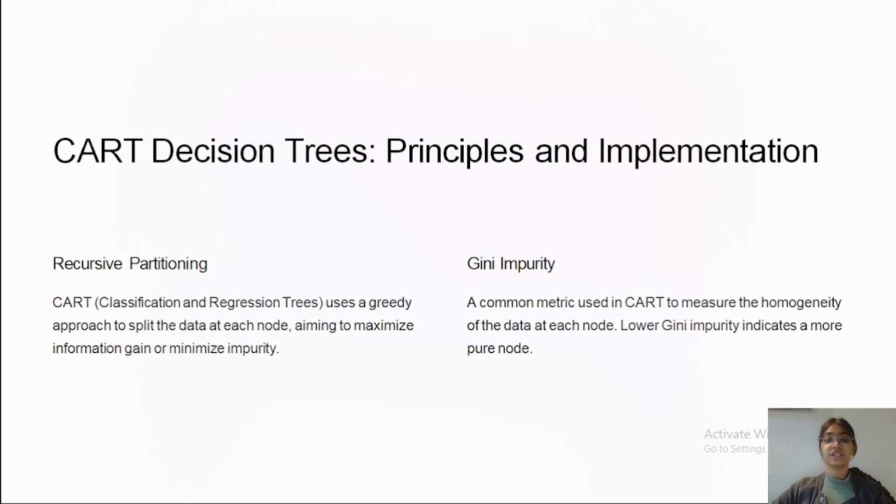Second one we have is Gini impurity, a common metric used in CART to measure the homogeneity of the data at each node. Lower Gini impurity indicates a purer node. Suppose we have three data sets and the Gini impurity of the three data sets are different. The first one has the lowest Gini impurity, so it is the purest node.